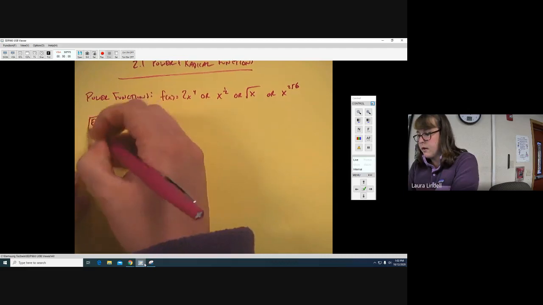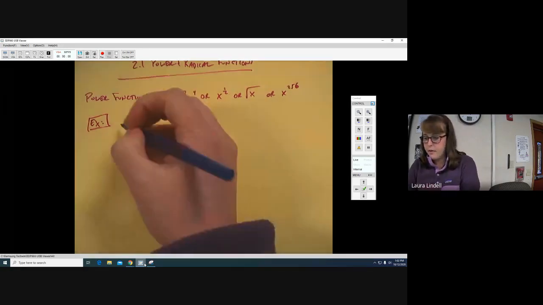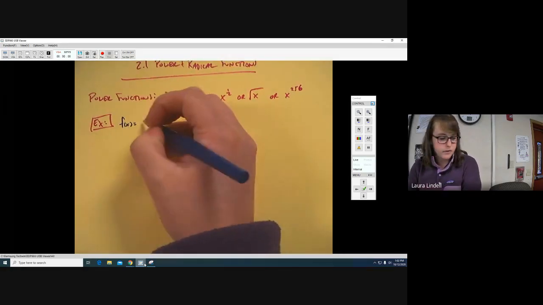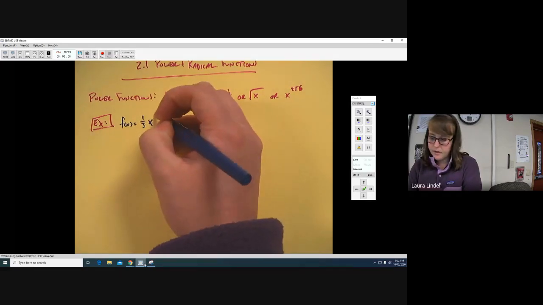So this is most easily done just with an example, because it does go over most of the things that we've already done. For this particular one, we're going to go f of x equals 1/3 x to the third.